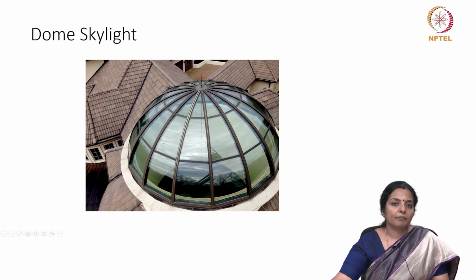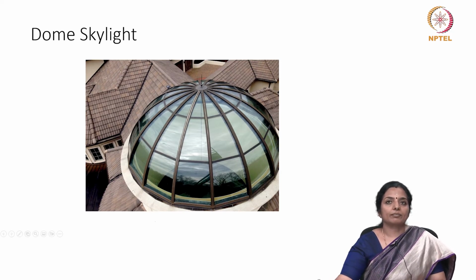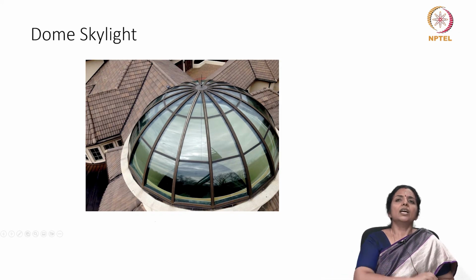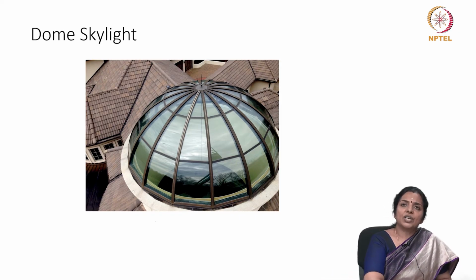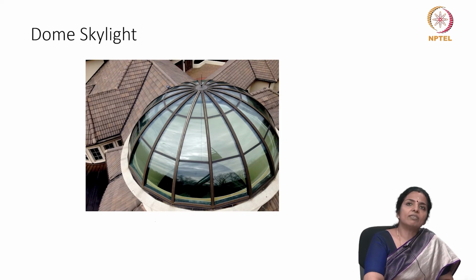Then we see the dome light. If you want the natural light to stream into the house even when the sun is not as bright, the dome acrylic skylights are a good option. They are made of flexible yet strong plastic that spreads light evenly around the room.